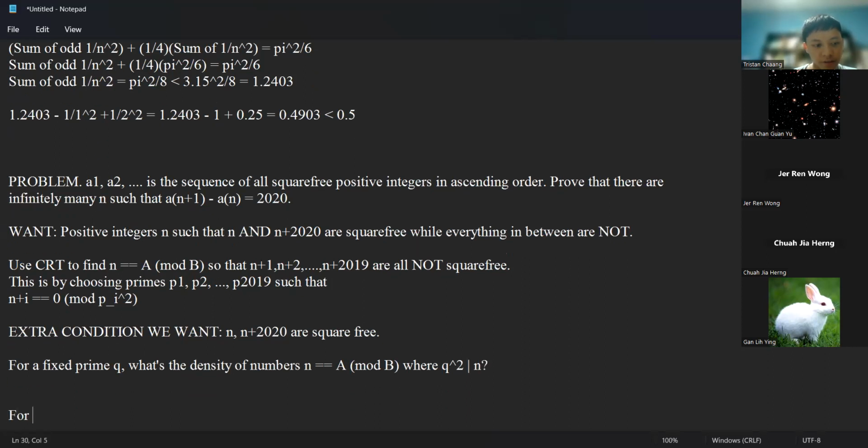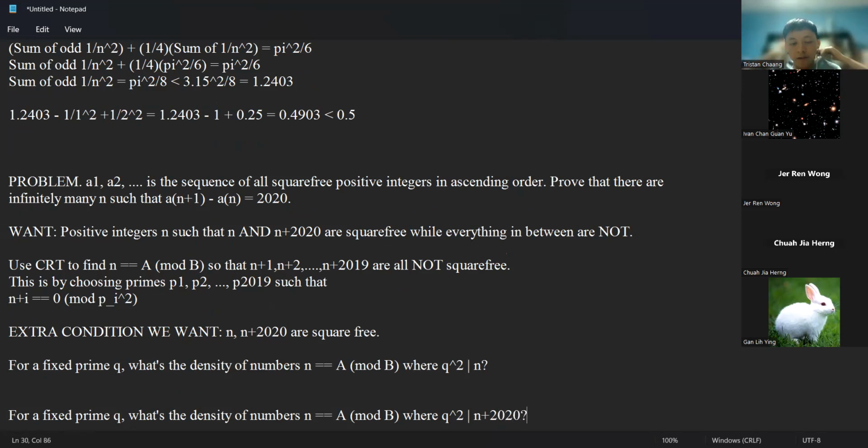And another question is, for a fixed prime Q, what's the density of numbers n congruent to A mod B, where Q squared divides n plus 2020? Then afterwards, we will add these two densities together and prove that they are less than 1.